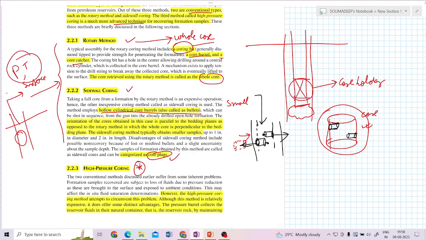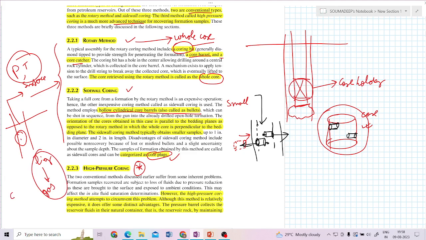As that changes, the composition of the fluids changes; some liquid will change to gas, and there will be several changes in composition.